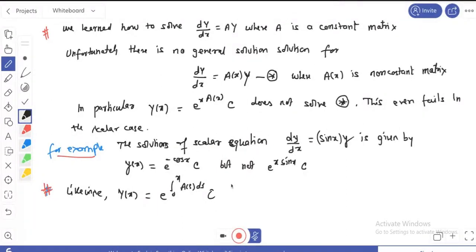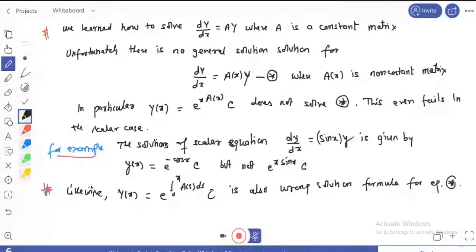This case is true in the scalar case, but if the dimension is greater than one, then this solution also fails. This is also a wrong solution formula for the given equation star.